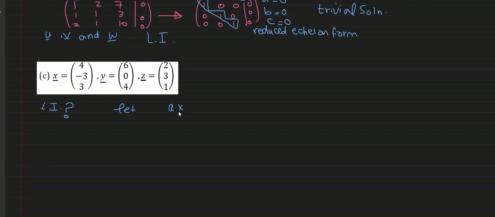I will take a, any constant, times x, plus b, any constant, times y, plus c, any constant, times z, and I will be looking for the values of a, b, and c. So let's put the known values. Y is 6, 0, 4, z is 2, 3, 1, equal is the bar of zeros.